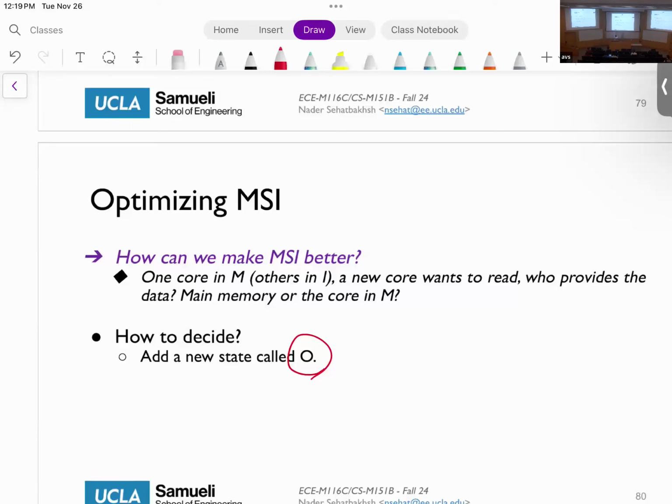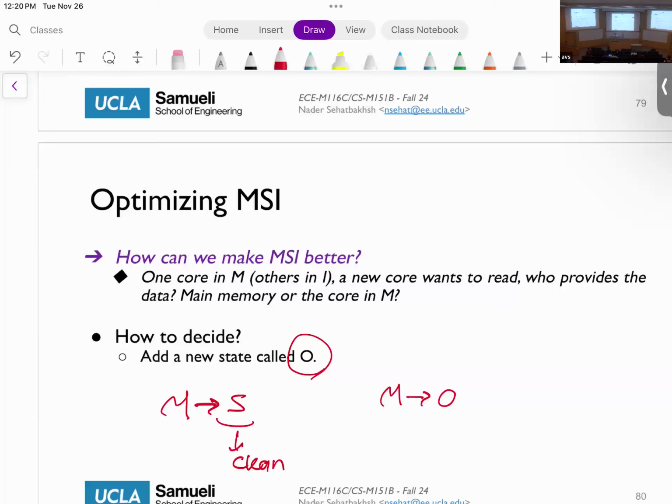But instead of transitioning from M to S, because remember, when you go to S, you're saying that your data is clean and already written back, so if I don't issue a write to memory, I cannot transition to S. Instead I transition from M to O. So O still maintains a dirty copy, but it can be shared with other caches.